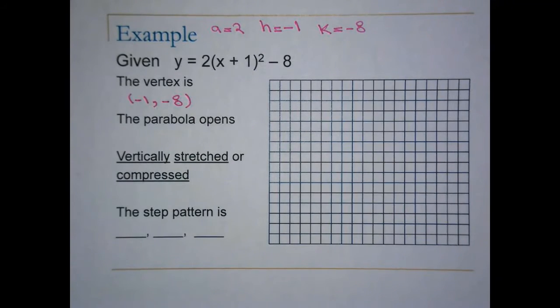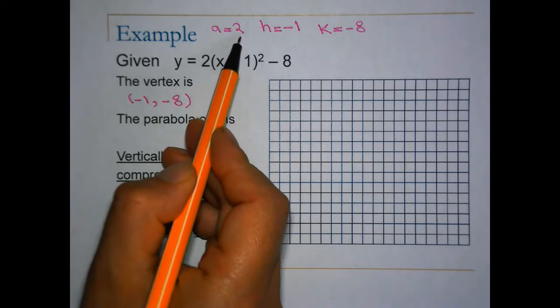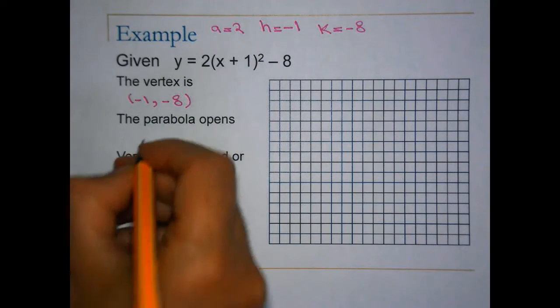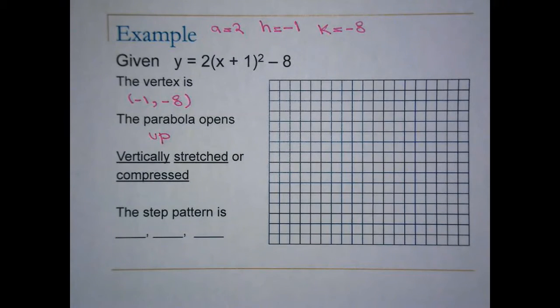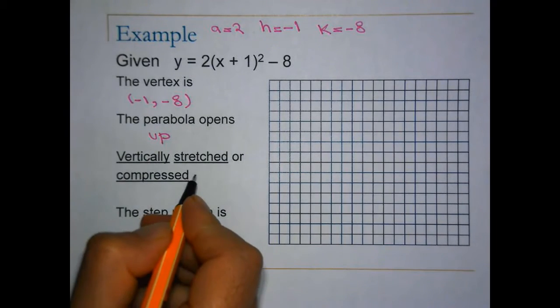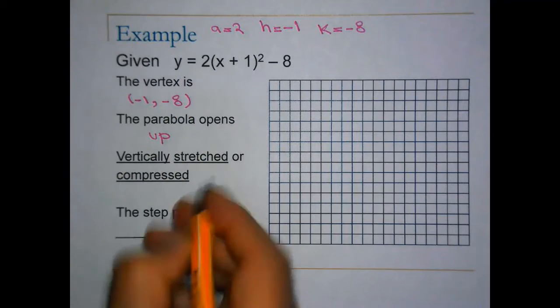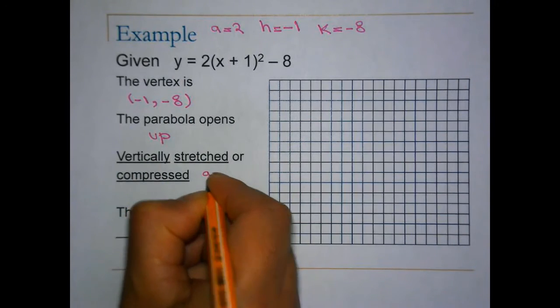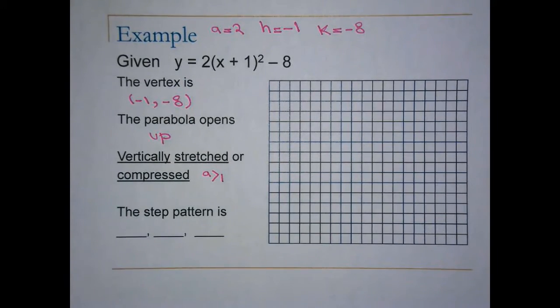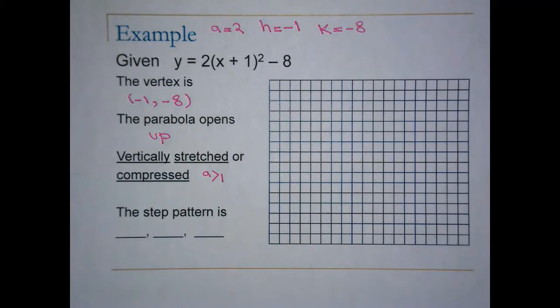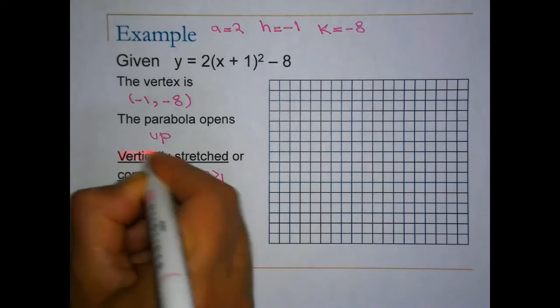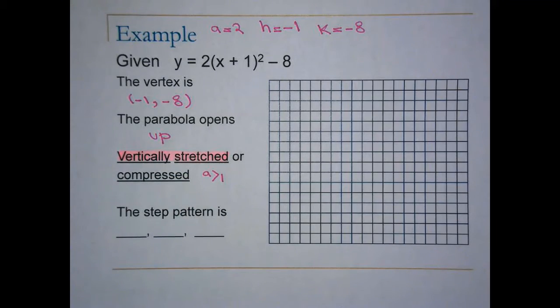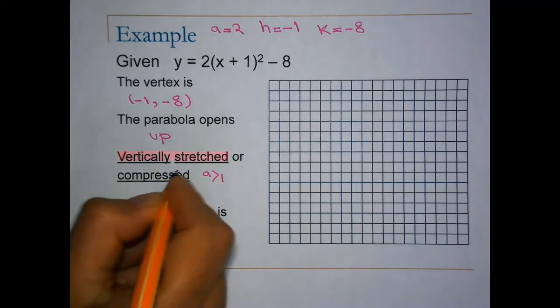Now, the direction of the parabola: a is a positive number, so we know that the parabola opens up. Because this a is greater than 1, it is actually vertically stretched. It's going to be narrower. So it's vertically stretched, not compressed.